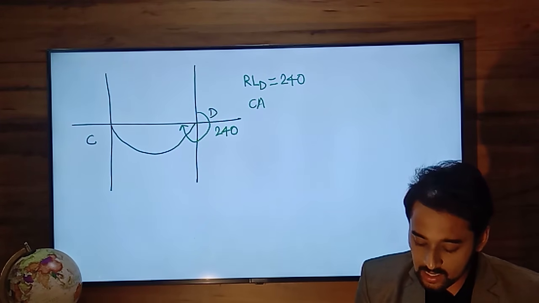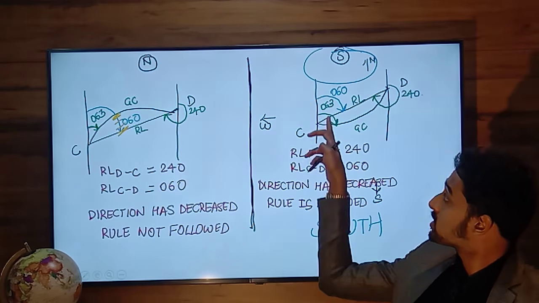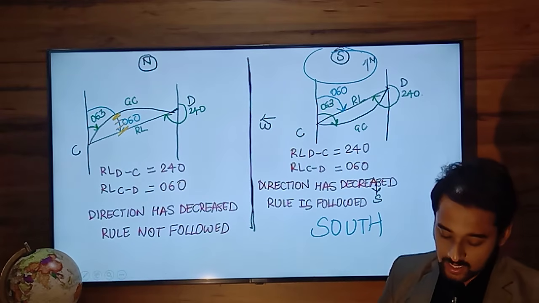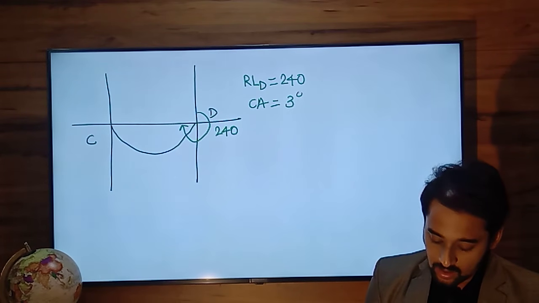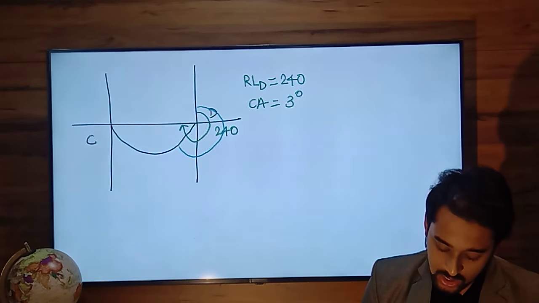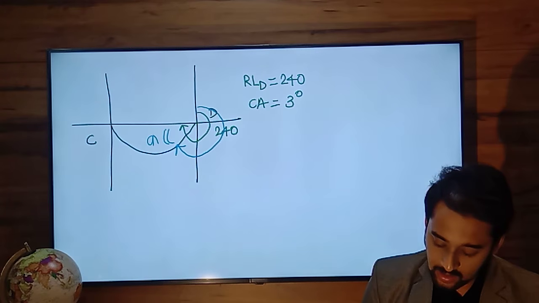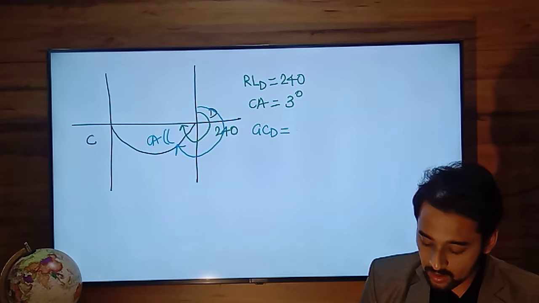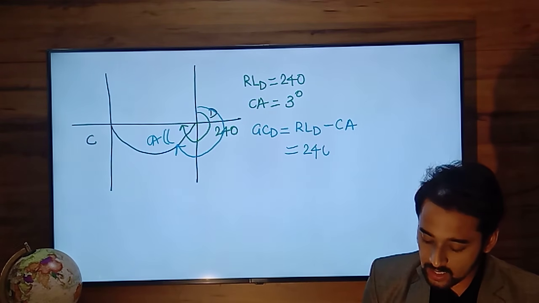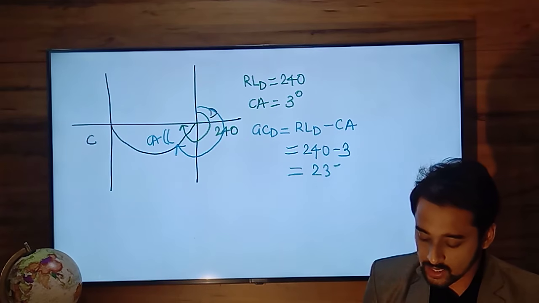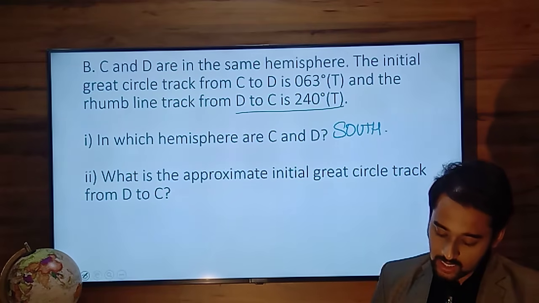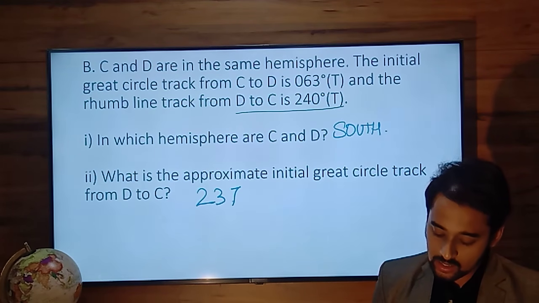Convergency angle is how much? As you can see, convergency angle is the angle between great circle and rhumb line. So 63 minus 60 is 3 degrees. And now in this case, your great circle will be equal to only this much. This is your convergency angle. So great circle at Delta will be equal to rhumb line at Delta minus convergency angle. So 240 minus 3, which is equal to 237.